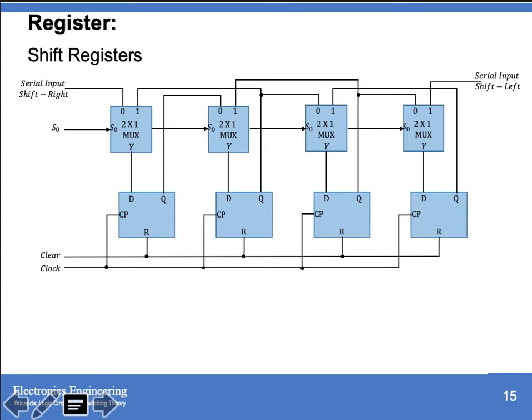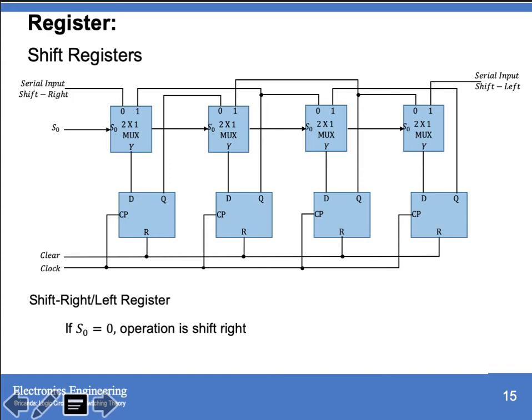Then another type of combination of your shift register is that we can combine serial shift right and serial shift left using a 2x1 MUX. So we have your selector S0 that will determine what shifting is going to be performed. If S0 is equal to 0, the operation is shift right. So we have your input at the leftmost part of your register.